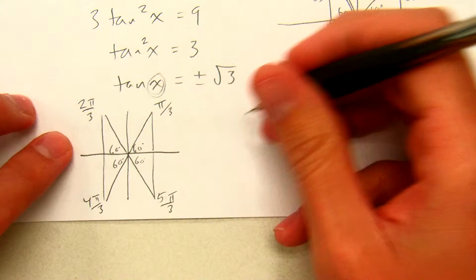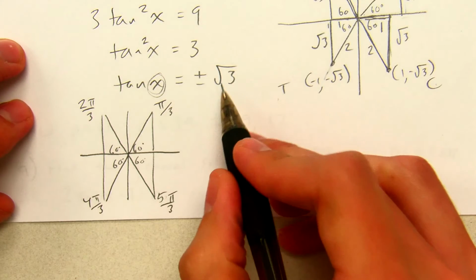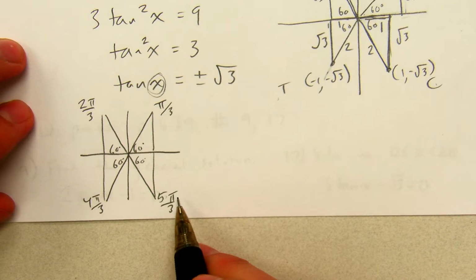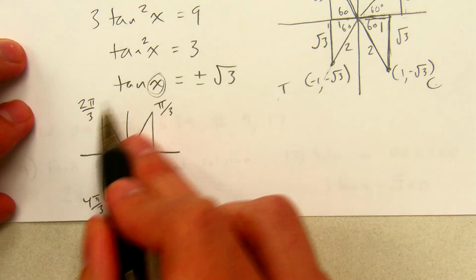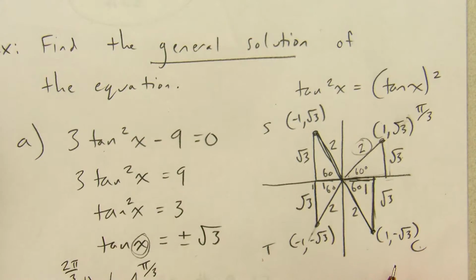So, tangent of x equals plus or minus root 3 over 3, is all 4 of these angles if all I'm looking for is the solutions between 0 and 2 pi. There'd be 4 solutions. But I'm not looking for that. I'm looking for my general solution.